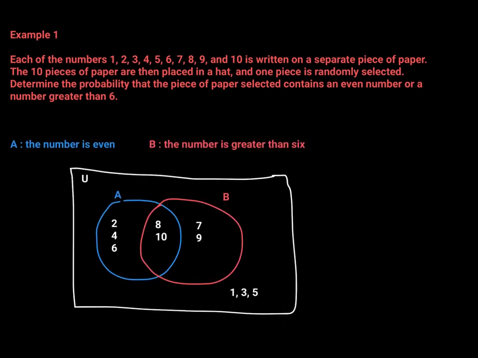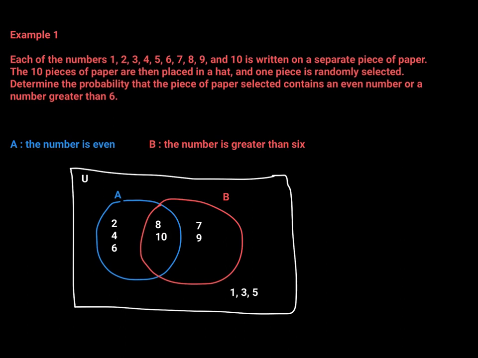In this set are all the numbers that are even but not greater than 6. These are the numbers that are odd, so they're not even but they are greater than 6. These are the numbers that are neither even nor greater than 6. These are the numbers that are both even and greater than 6.